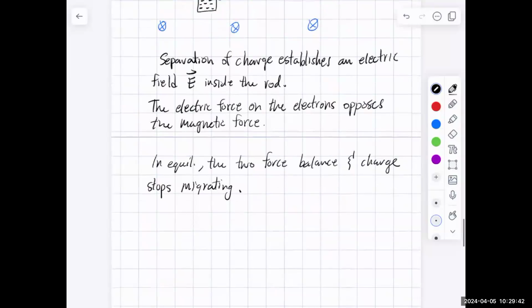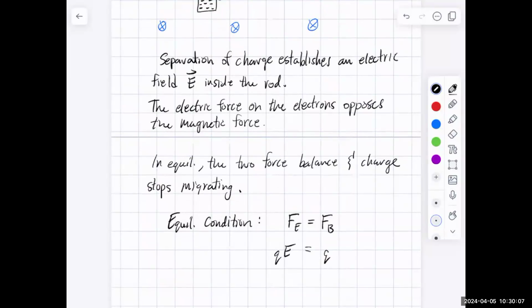Okay, so the equilibrium condition is that we know the forces are in opposite directions. And so we just require their magnitudes to be equal. The electric force has a magnitude of QE.